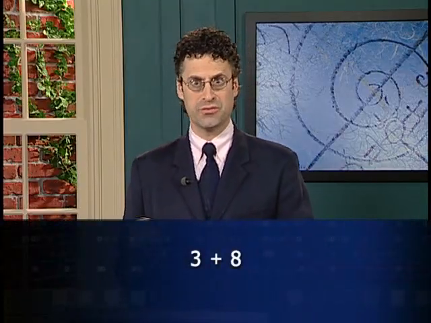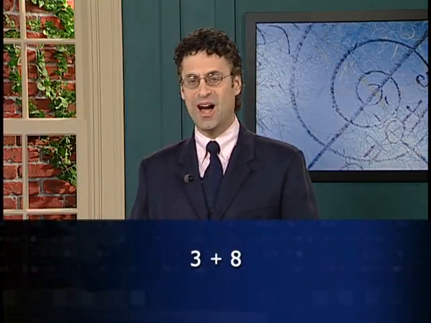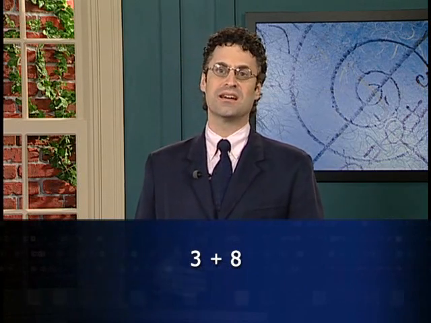So let's look at the example 3 plus 8. Now, of course, we could just add it up and say 3 plus 8 is 11 and be done with it. But I'm trying to find a pattern that's going to work even when the numbers aren't 3 and 8. Well, the first thing we're going to do is use the very definition of Fibonacci numbers.